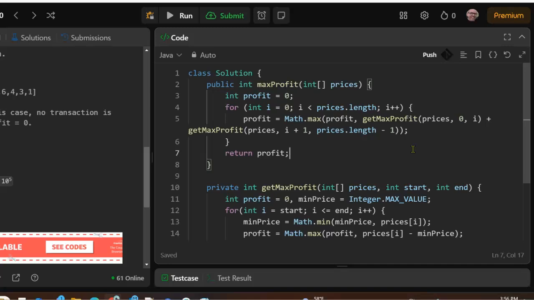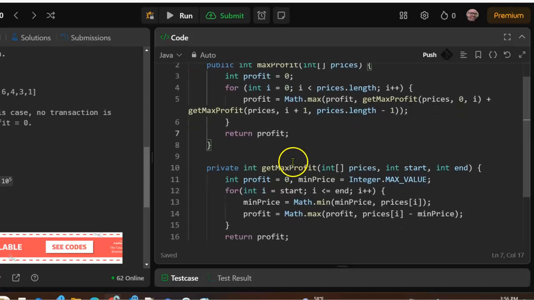Now that is going to require a nested loop, because when we get down here to max profit, we're going to have a start and an end, and min price, we set it to something very big. We get the min price, and then we get the max that we can make from selling at the current price after having bought at the min price.